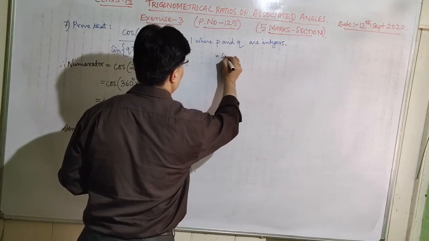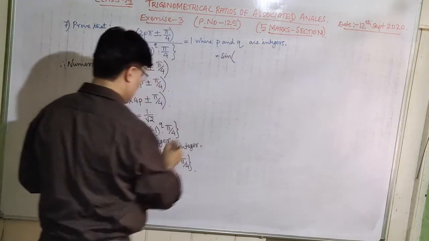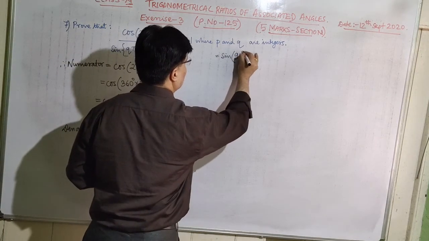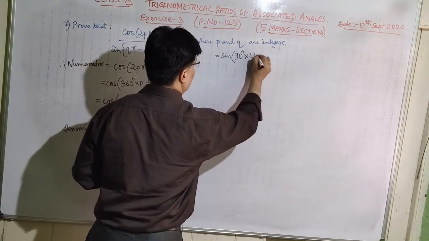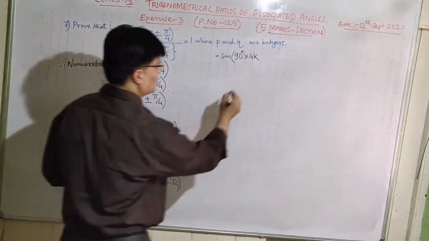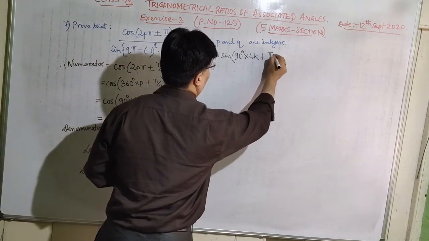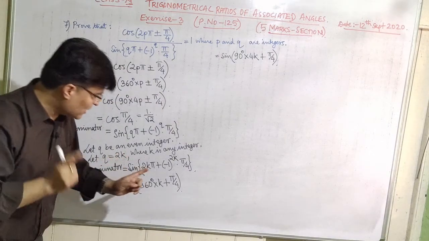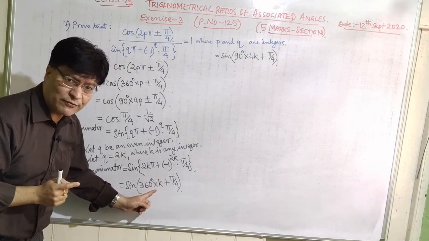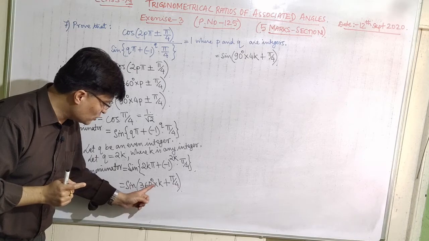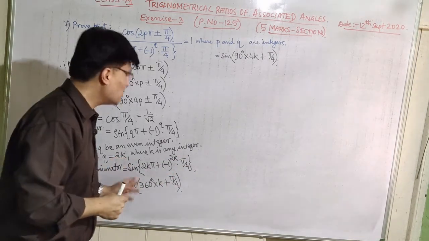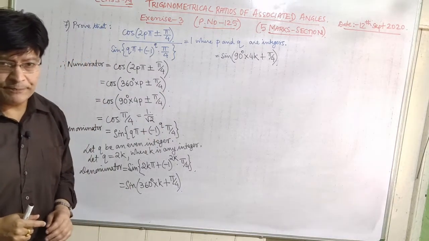Which is equal to sine of, within the bracket, 360 can be written as 90 degrees into 4k, plus pi by 4. Whatever the integral value of k, 360 into k plus theta always lies in the first quadrant, and in the first quadrant sine is always positive.